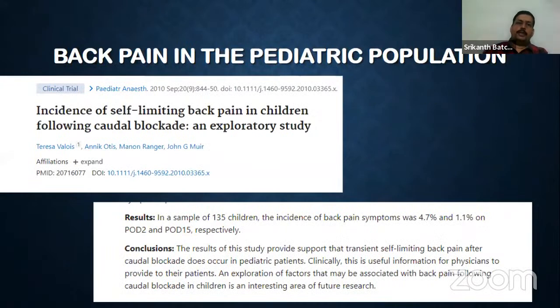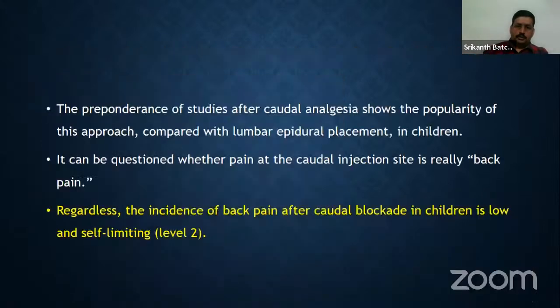So coming to back pain in the pediatric population, most of the studies have been done with caudal analgesia. In a study published in Pediatric Anesthesia journal in 2010, the incidence of back symptoms was 4.7% and 1.1% on POD 2 and POD 15 respectively.